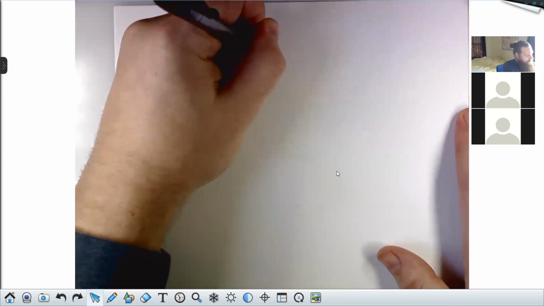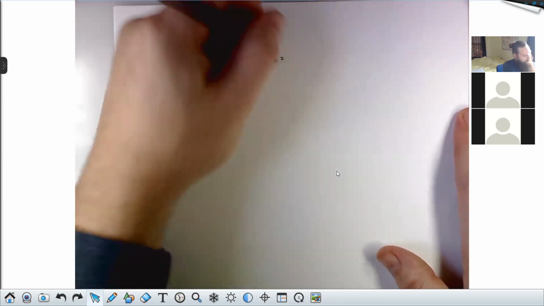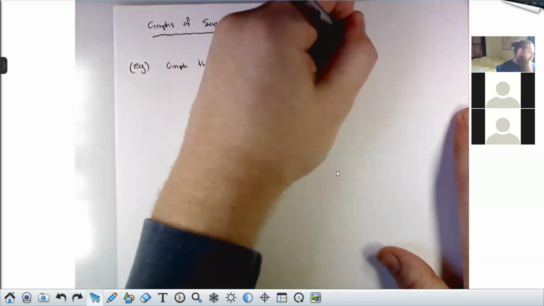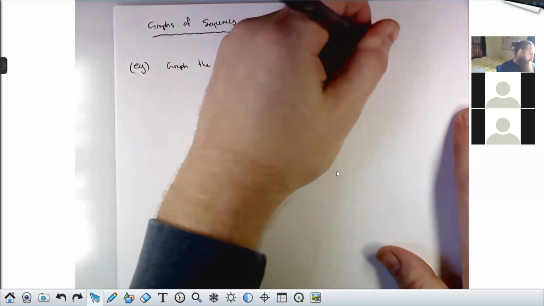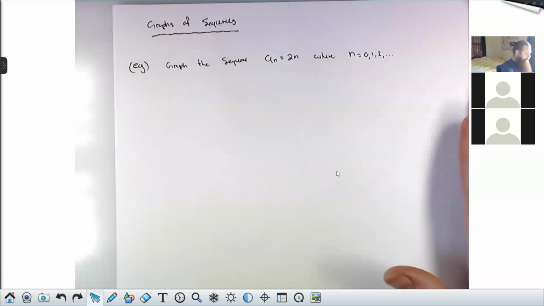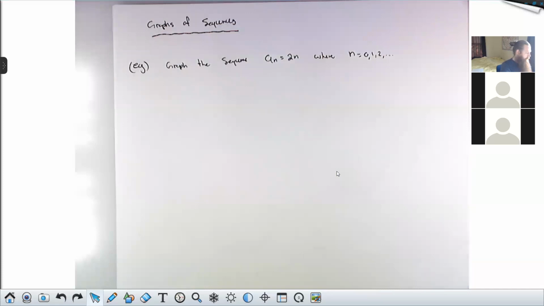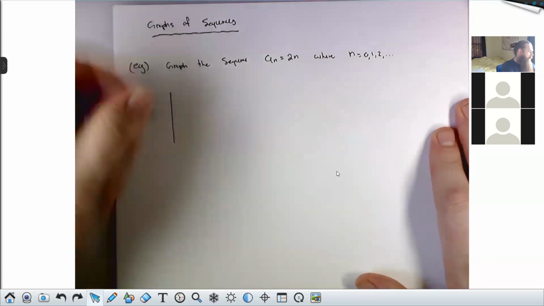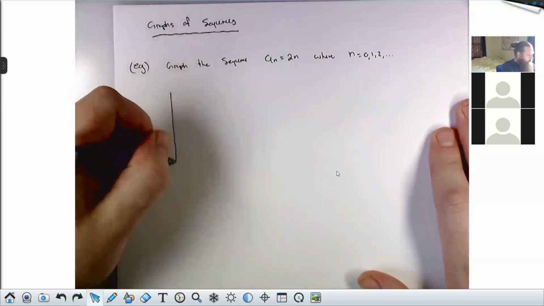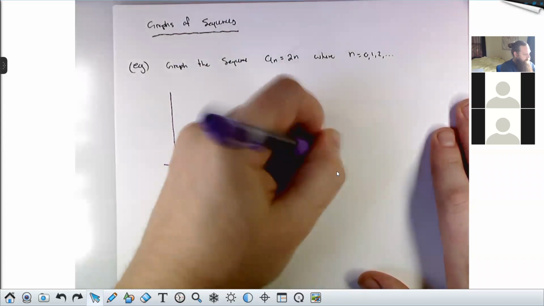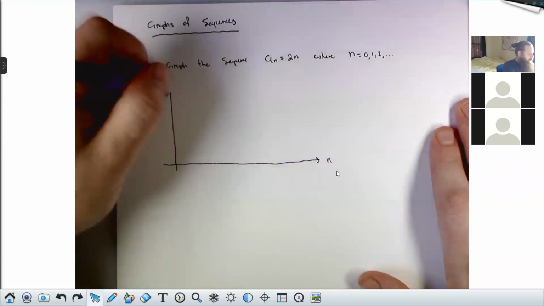Let's graph the sequence a_n equals 2n from the start, where n starts at 0, then 1, then 2, and so on. The way this works, instead of having y equals f of x, you have y equals a_n. And instead of an x-axis, you have an n-axis.